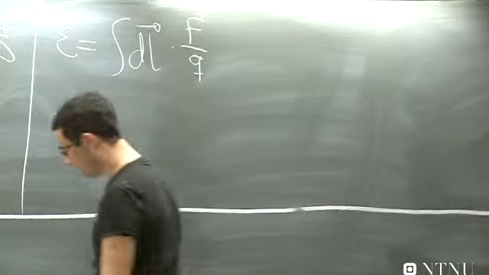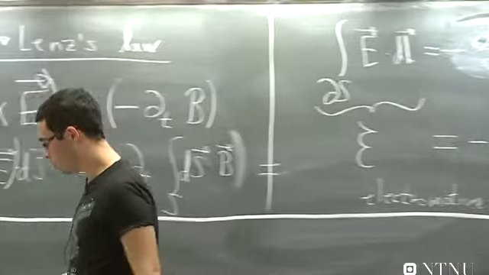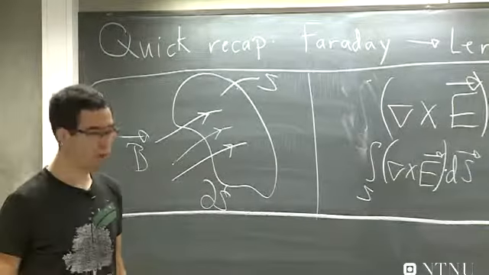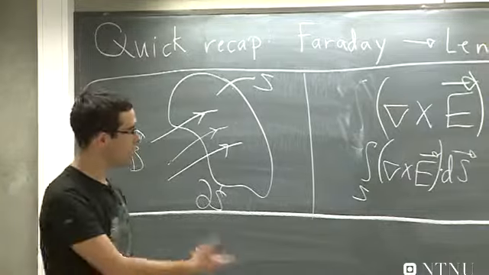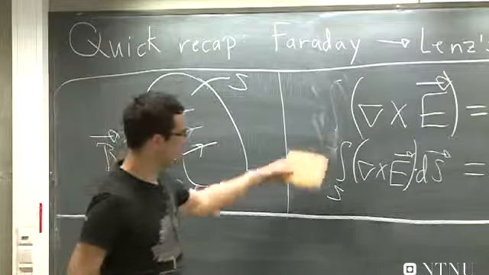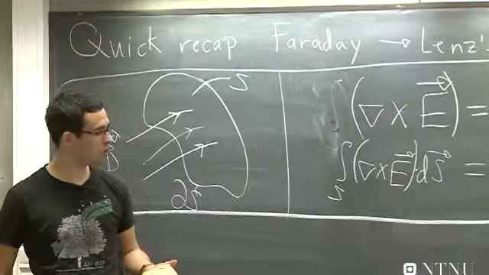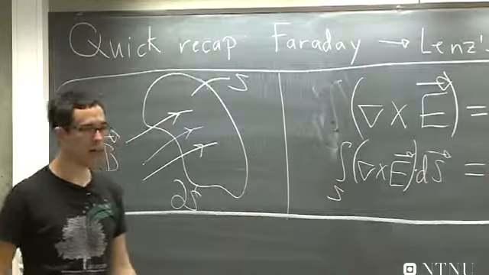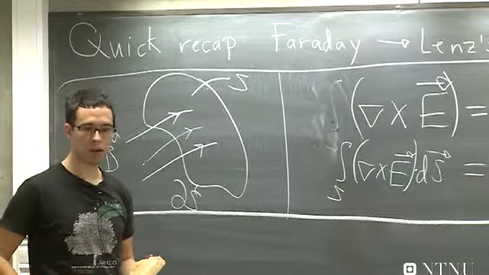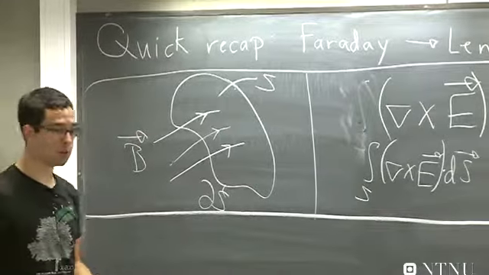Okay, now I'm going to go through the 3 experiments done by Faraday, which was sort of where this law came from. He did experiments, and then later on someone realized that this was the law that decided what happened in those experiments.